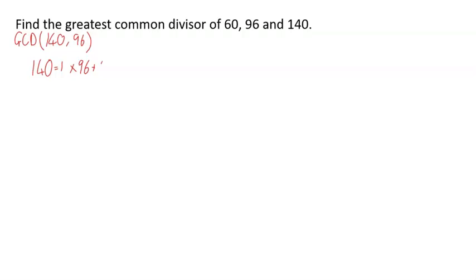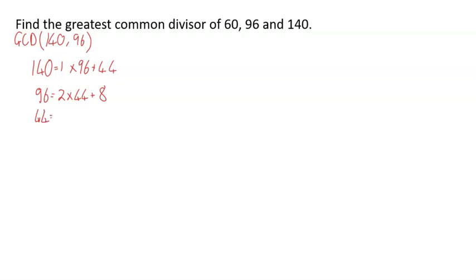Then I've got my remainder, which is 44. Still a remainder there, we do it again. Now we say, right, 96 is going to equal something times 44 plus a remainder. Well, it's going to equal 2 44s, which will give me 88, plus my remainder, which is 8. Still a remainder, we go again.